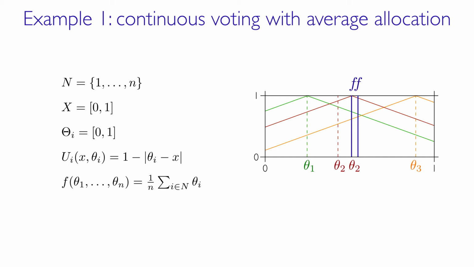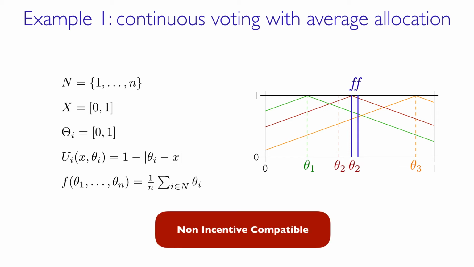And in principle, it could be exactly the type of player 2, corresponding to the best case for that player. So this social choice function is manipulable by player 2 when it is considered as a direct revelation mechanism. It can be easily observed that also the other players can manipulate the mechanism in a similar way. Therefore, this social choice function is not incentive compatible.